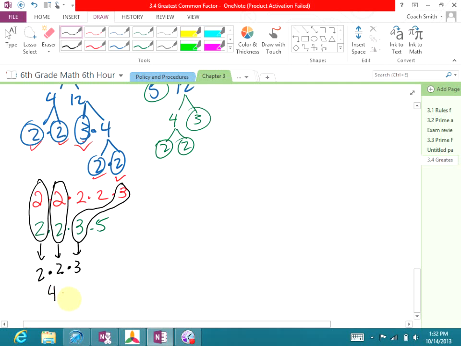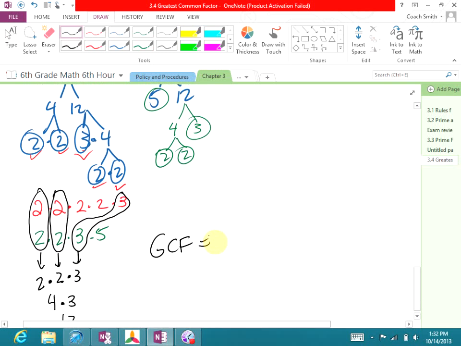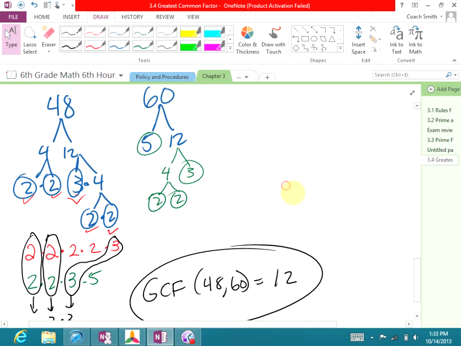So that's 4 times 3, which is 12. So the GCF of 48 and 60 equals 12. See, the two methods are the same.